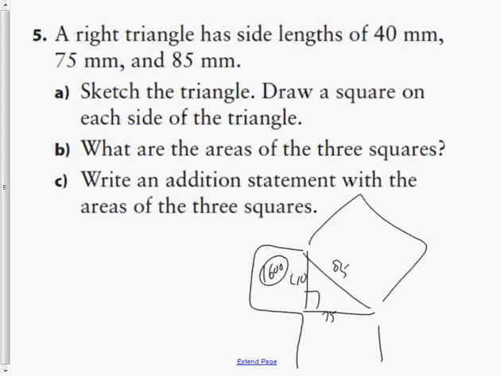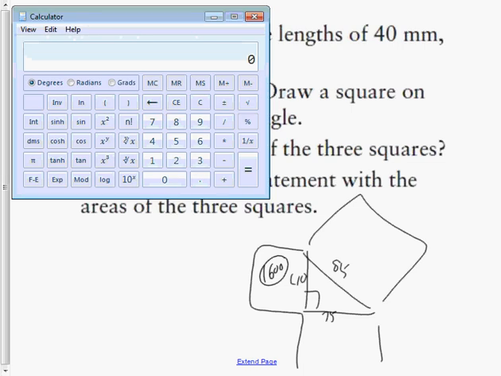This area would be 75 times 75, which I'm not smart enough to do. So I take my calculator and go 75 times 75, and I get 5625. Now, if I had a special calculator, I could have gone 75, and right up here, I have a square button. So if I press that, it still gives me 5625.